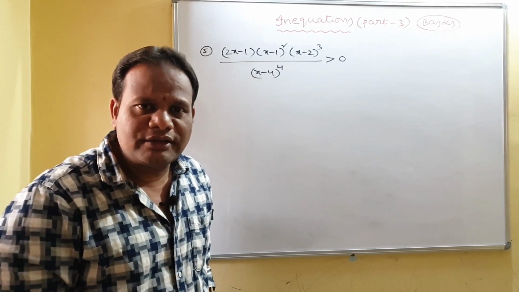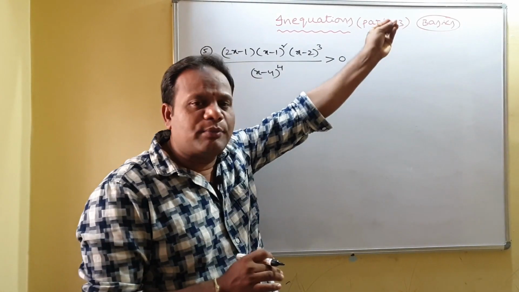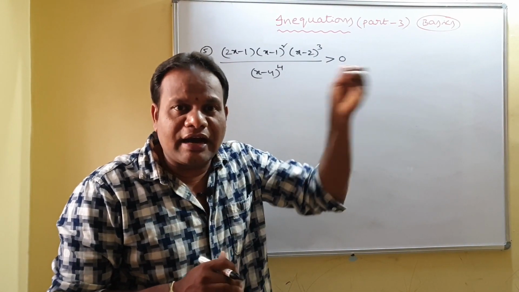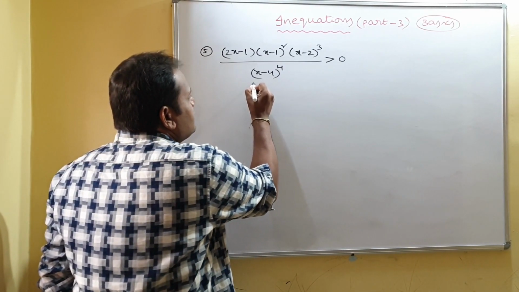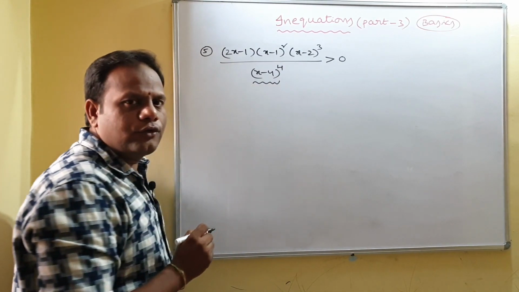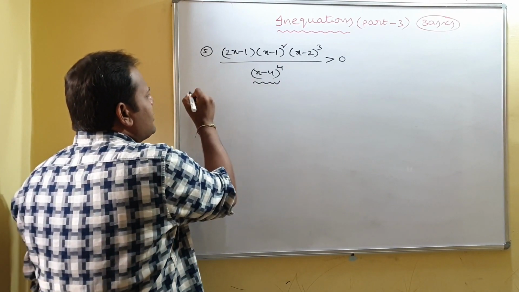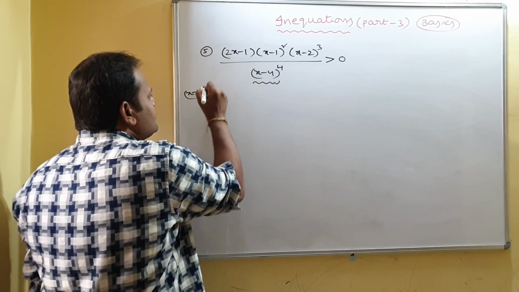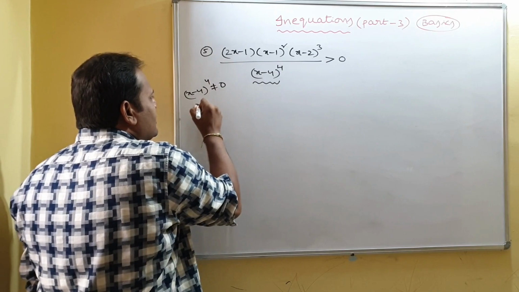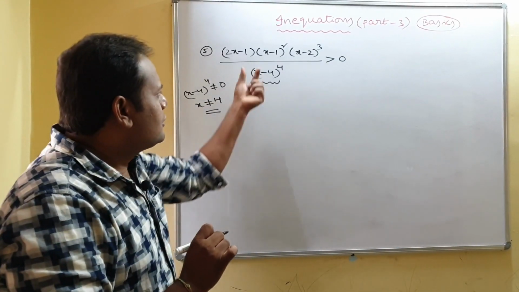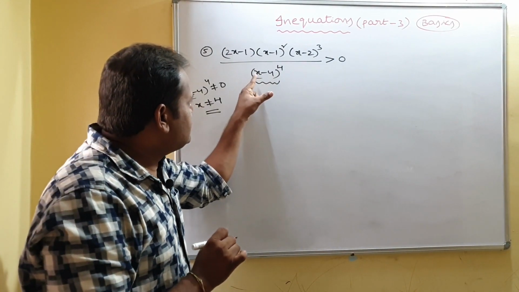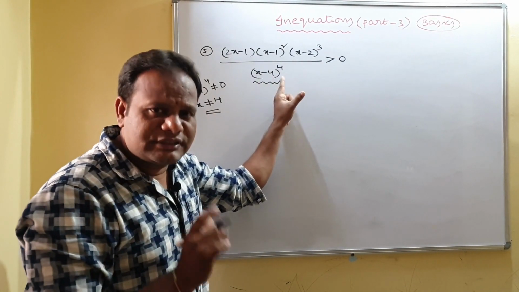I told you that if you want to do cross multiplication, you should be aware of the sign, is it? So here, (x minus 4) whole power 4. Anyhow, the denominator must be not equal to 0, is it? So denominator not equal to 0 means x not equal to 4. Okay. Now you tell, if x is 4, it is 0, is it?